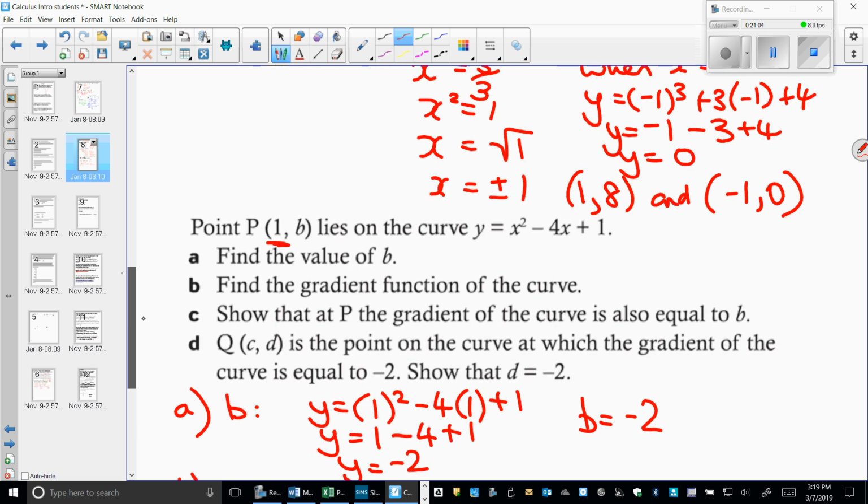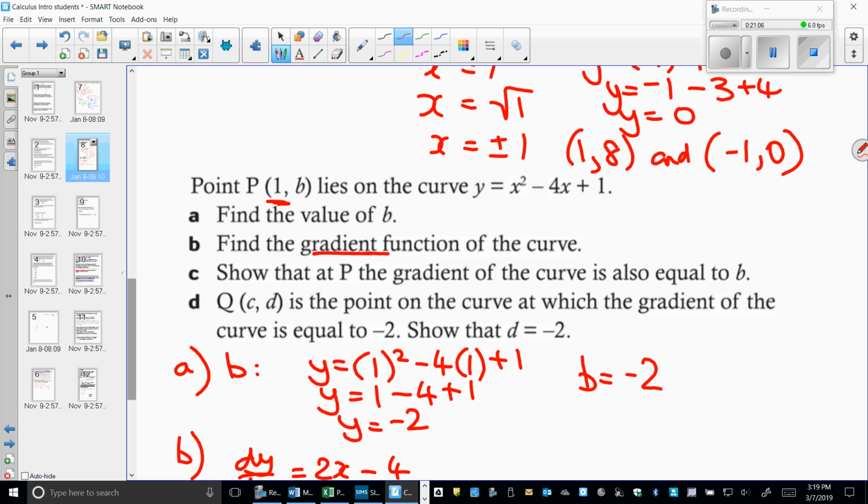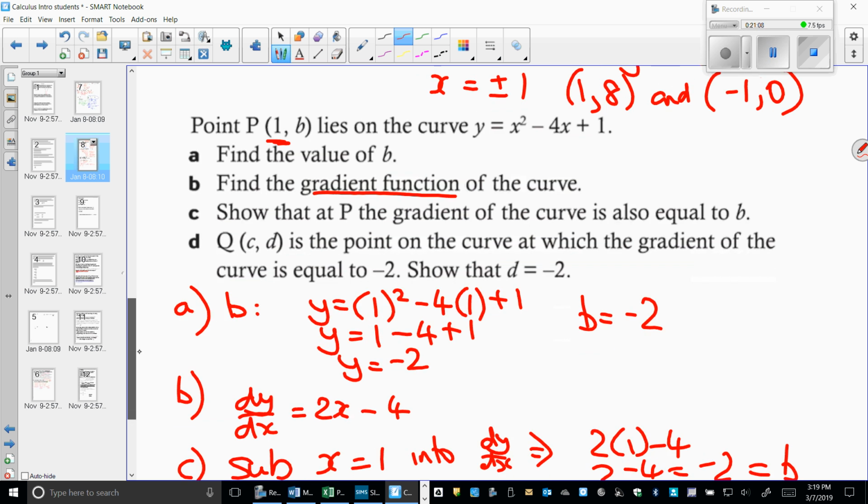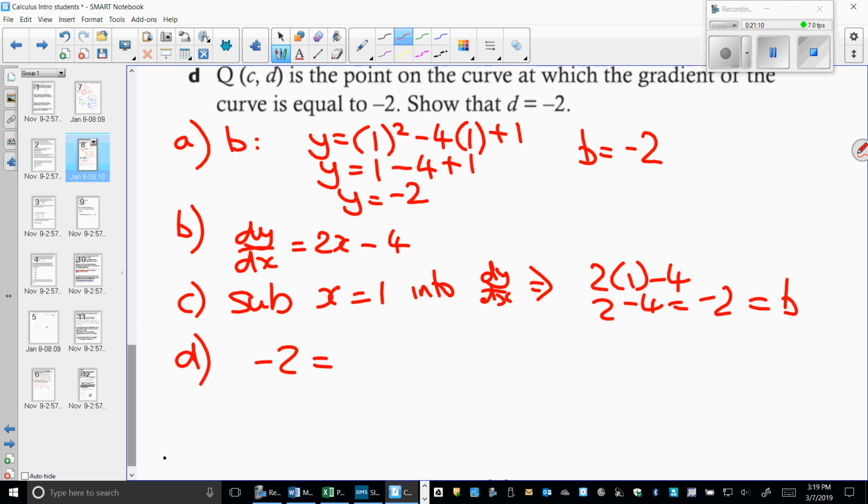I'll give you a clue. This says the gradient function. So what was the gradient function?